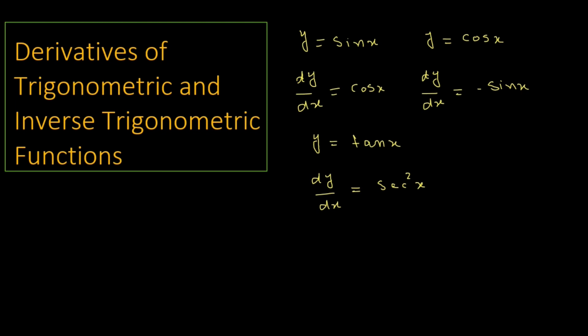In the similar way, the derivative d by dx of cot x, where cot is the inverse of tan, is minus cosecant square x. And d by dx of secant x is equal to secant x tan x.